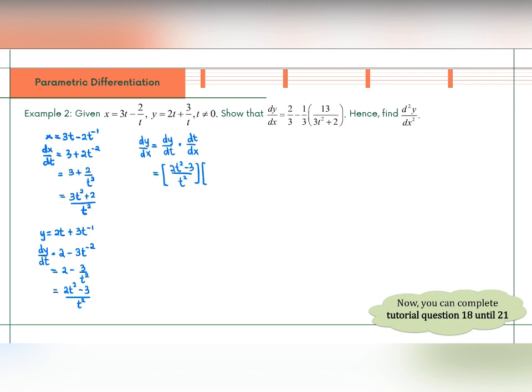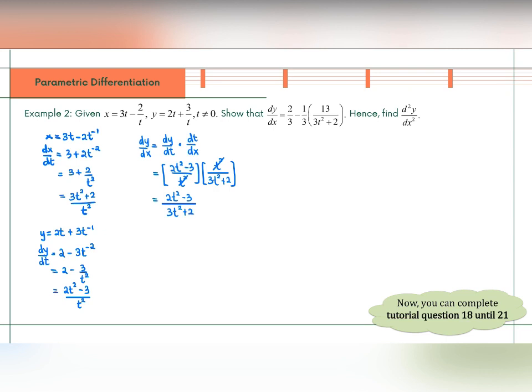So we are going to get t squared over 3t squared plus 2. Simplify. So dapatlah jawapan 2t squared minus 3 over 3t squared plus 2.